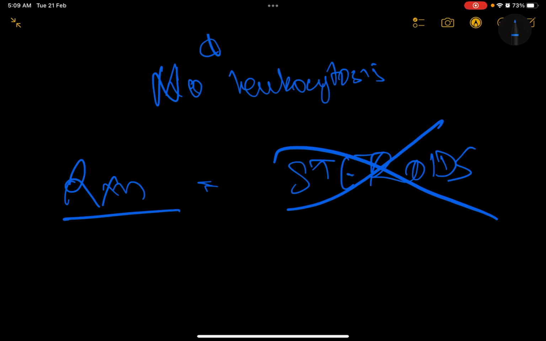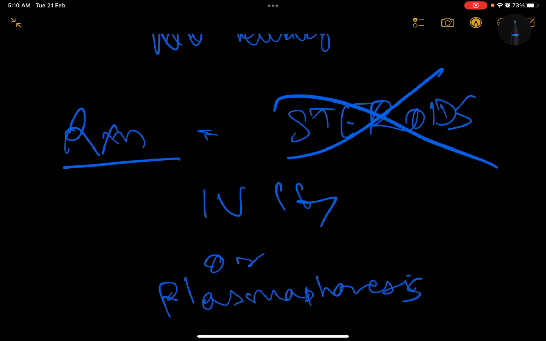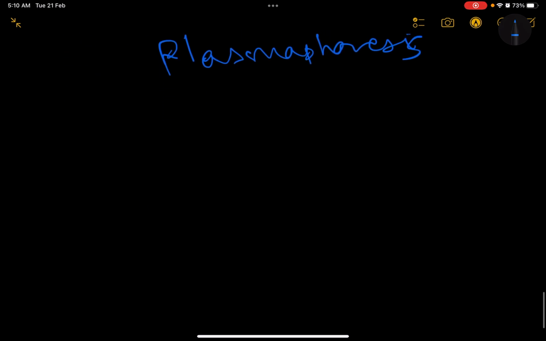There is no role for steroids. So what do we do? We do IVIG, or you can do plasmapheresis. And that is about it when you talk about Guillain-Barre syndrome.